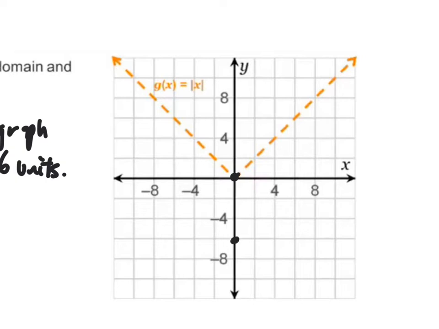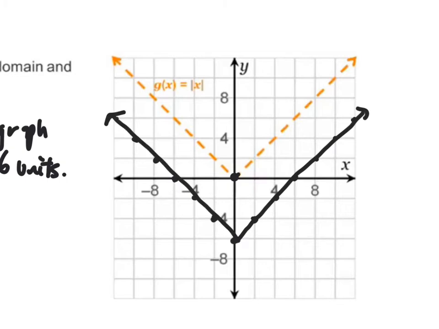Each point needs to be moved down 6 units, so I plot a point here, here, here, and it follows that natural progression. You're going to have a V, but all these points are just moved down 6 units. We just connect those dots.